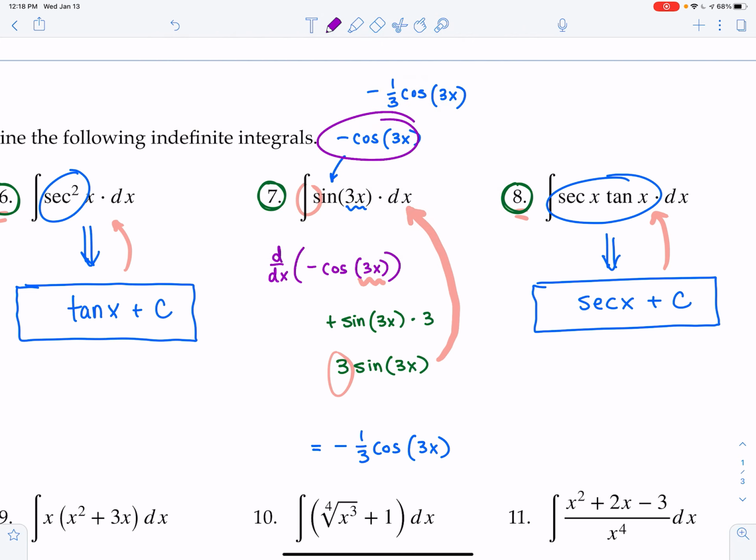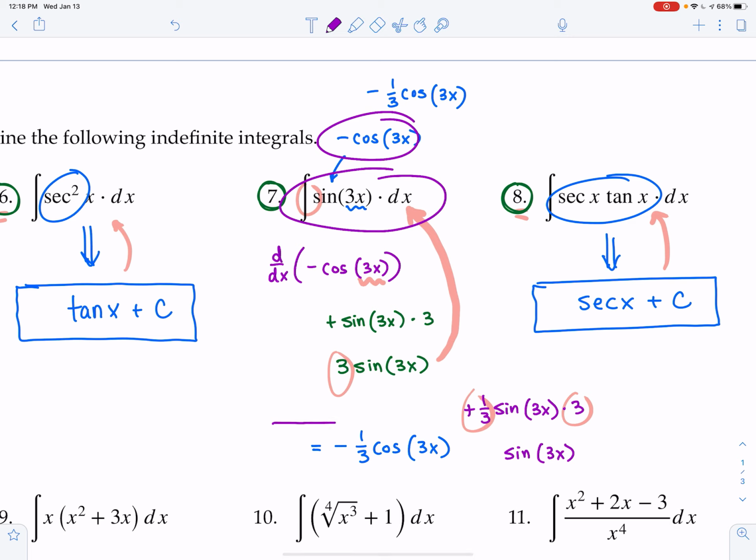The derivative of negative 1/3 cosine of 3x is positive 1/3 sine of 3x times 3. The 3 and the 1/3 cancel out, and I'm left with sine of 3x as my derivative, which is my original problem. So therefore, this function here, and I almost did it, don't forget plus c, is my antiderivative.